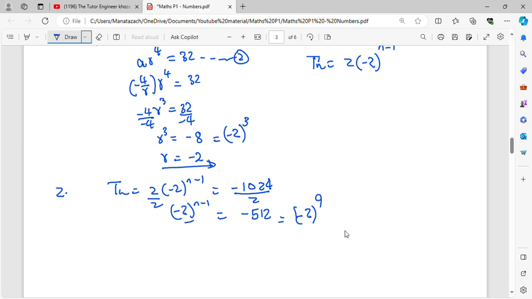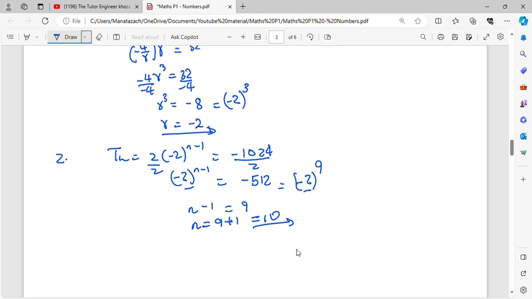Since the bases are the same on both sides, we'll say therefore n minus 1 is equal to 9. Therefore n is equal to 9 plus 1, which is equal to 10. So we can conclude that T10, which is the 10th term, is equal to -1024.